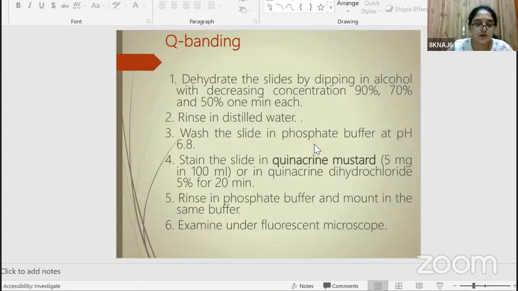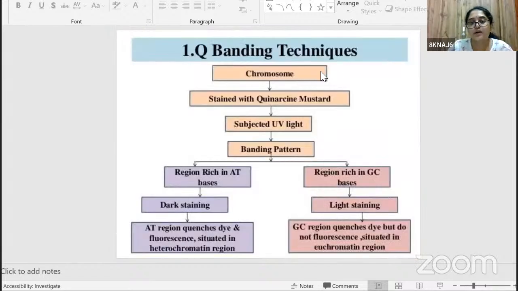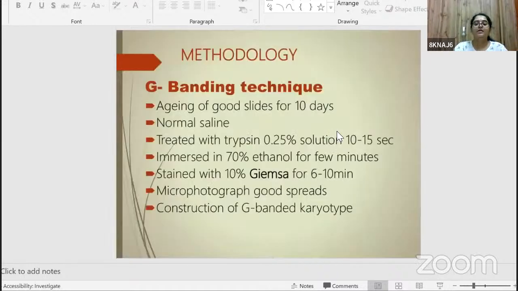And this requires examination of the chromosomes under UV light. So again, chromosomes with quinacrine mustard subjected to UV light give a banding pattern. AT rich regions are darkly stained, GC rich regions are lightly stained. So you can see which is the heterochromatin region and the euchromatin region.